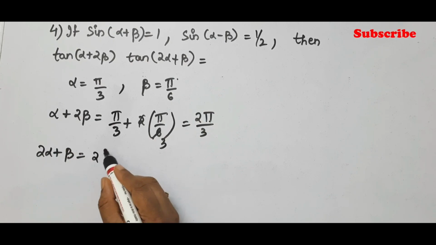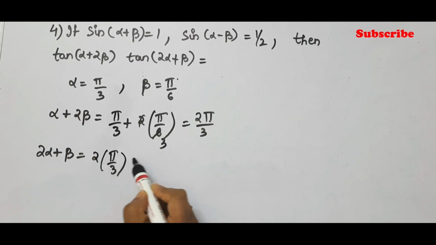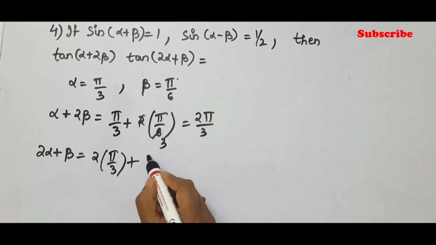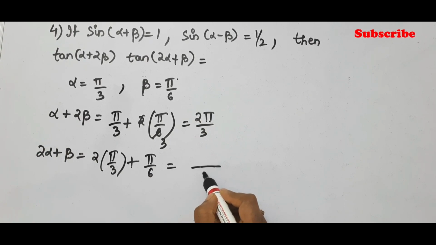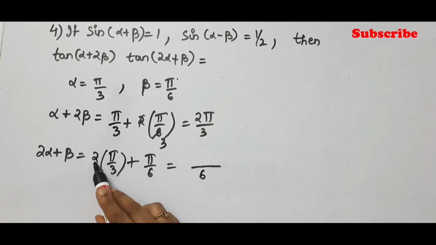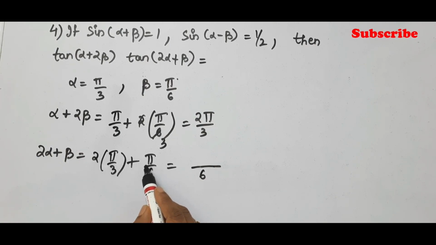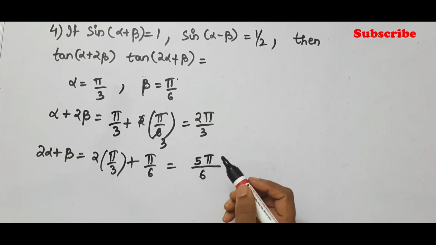So 2 into alpha value pi by 3, that is 2 pi by 3, plus beta, which is pi by 6. So the LCM will be 6, 2 is 4, 4 plus 1 is nothing but 5, so 5 pi by 6.